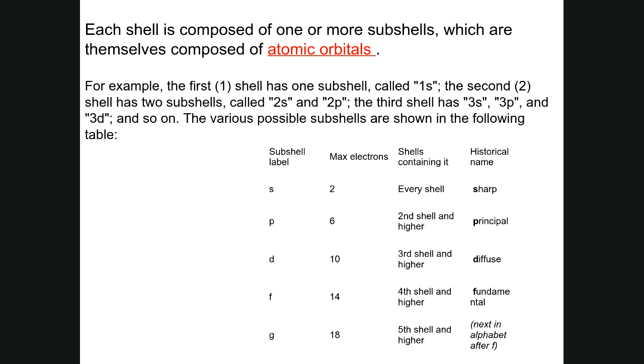Remember when I told you to separate the periodic table by this zigzag, metal versus non-metal? Sodium, for example: the metals tend to lose their valence electron to obtain the configuration of the nearest noble gas.